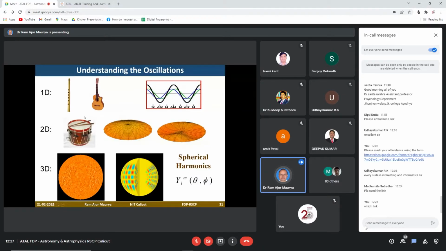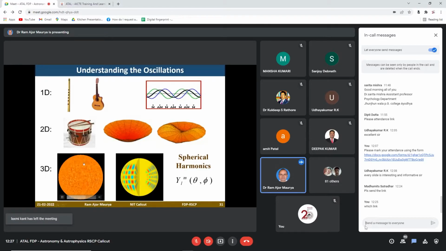For the two-dimensional case, for example, you can consider a drum here, and if you hit the surface of the drum, the drum surface will be oscillating in different modes. Similarly, in the case of the sun, this is a spherical object, so it is also oscillating in different modes, and these modes we can model using the spherical harmonics.